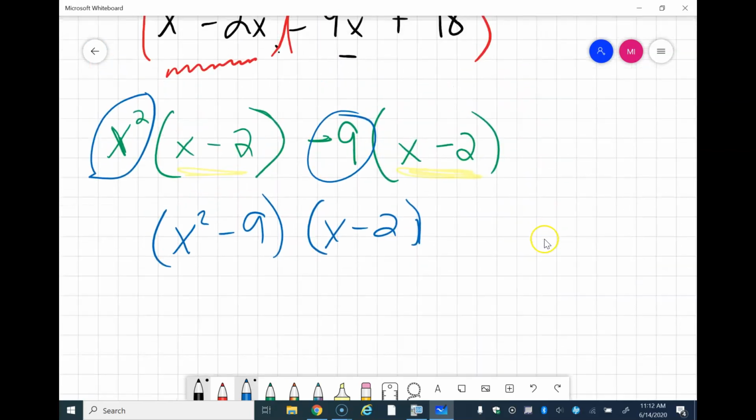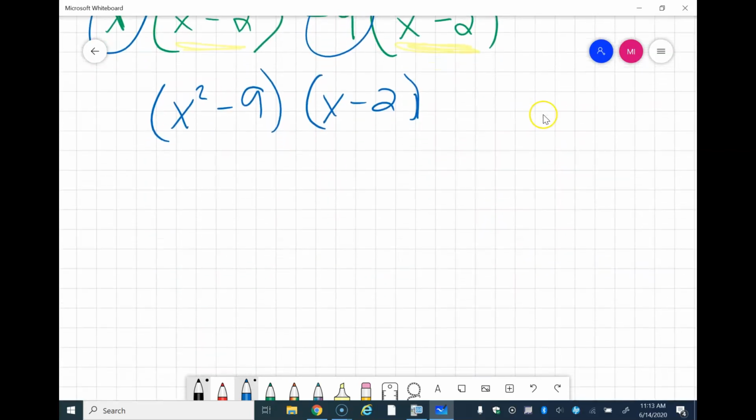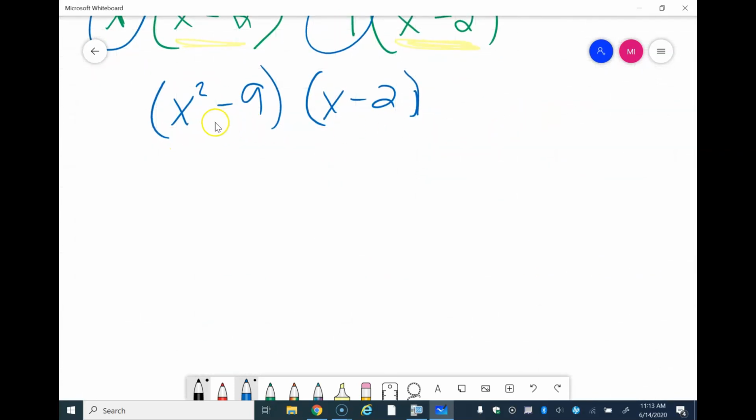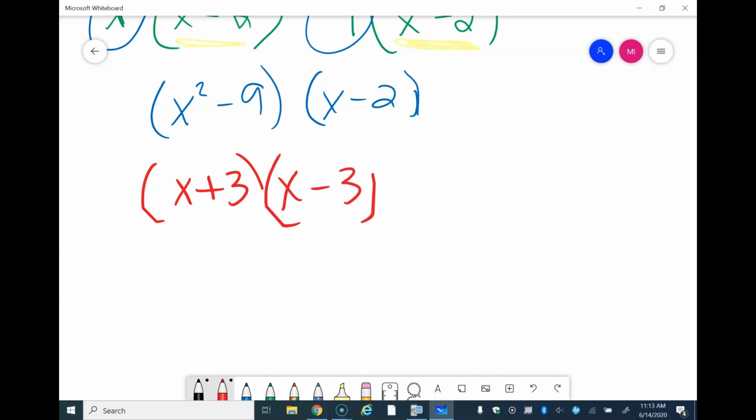So again, we're doing factor by grouping to find our zeros. Here, this is called a difference of squares, so this can be factored again to x plus 3 and then x minus 3. And then we can just drop down the x minus 2. So for this one, the 0 is going to be -3. For this one, if I set it equal to 0, it's going to be 3.